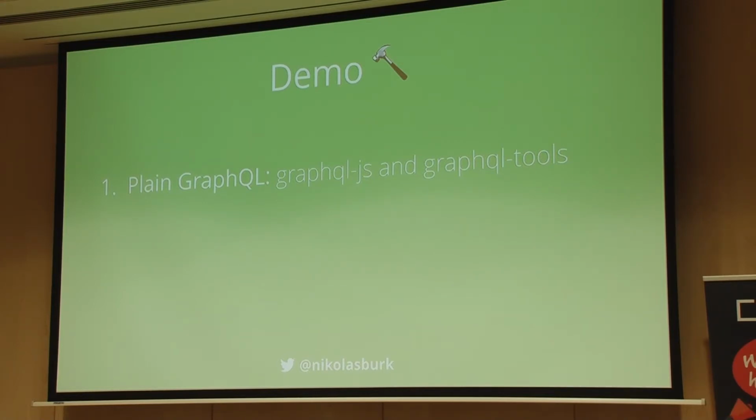So you can use HTTP, you can use WebSockets, you can use any transport that you like. You could use MQTT. You can use all these different technologies that you can use to send information over a network to implement your GraphQL server. GraphQL won't care, and I want to show you an example where we don't have a network layer at all. So that's what I refer to with plain GraphQL.